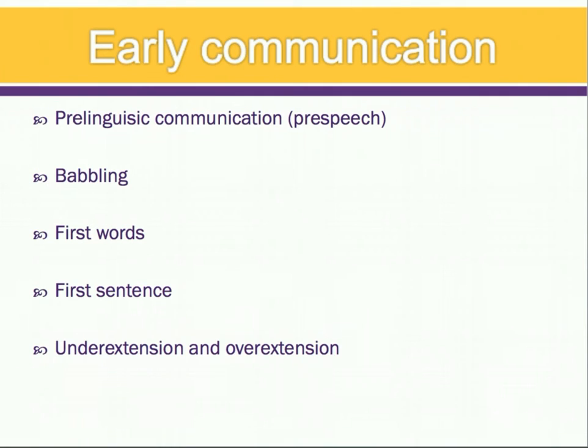So, underextension and overextension are two important things because, in a way, that'll be a quiz for you. See what you think these relate to. Underextension is where you use words too restrictively, which is common in young children.